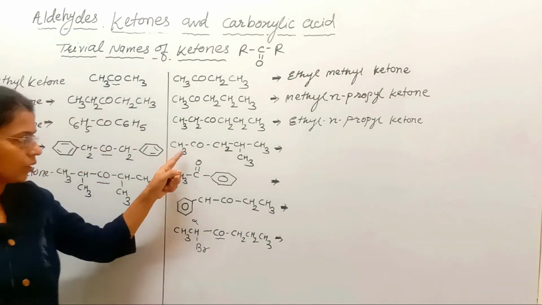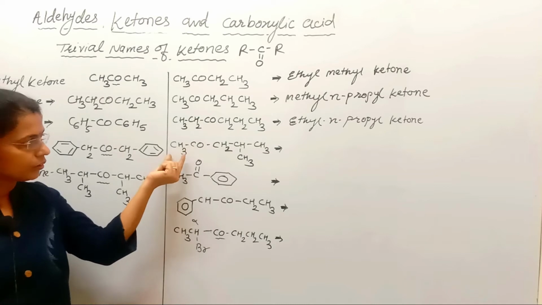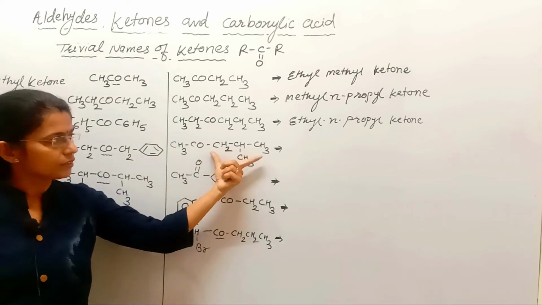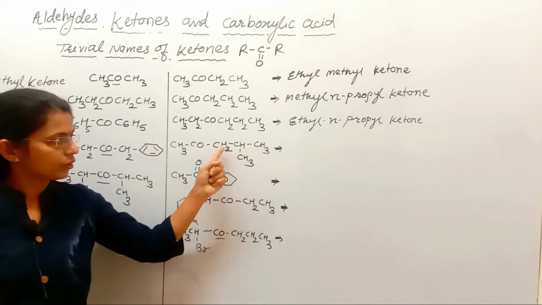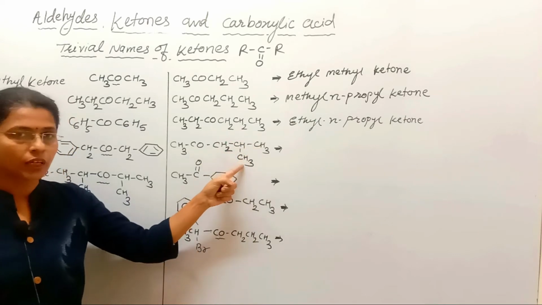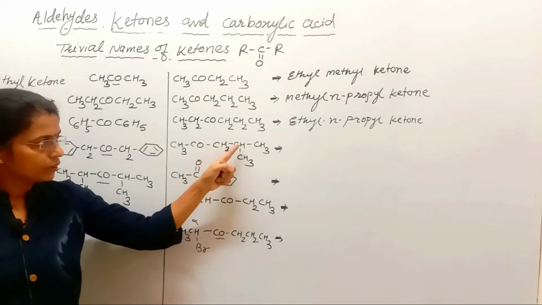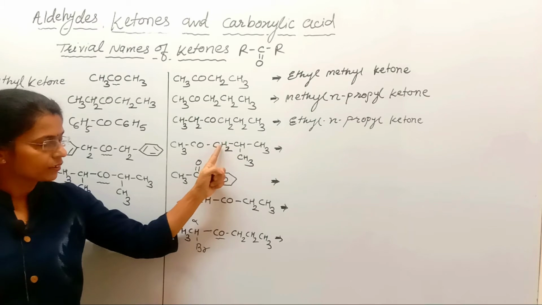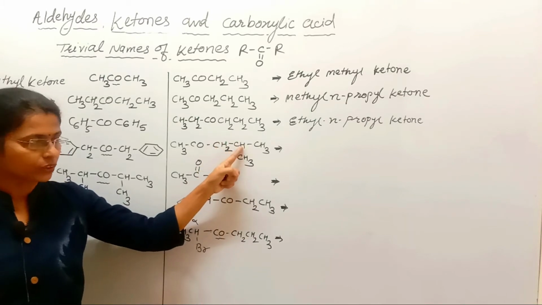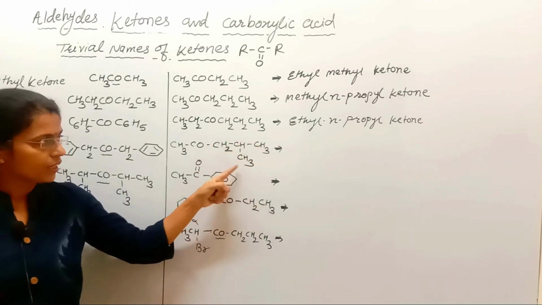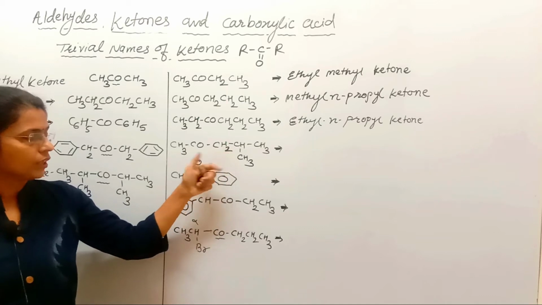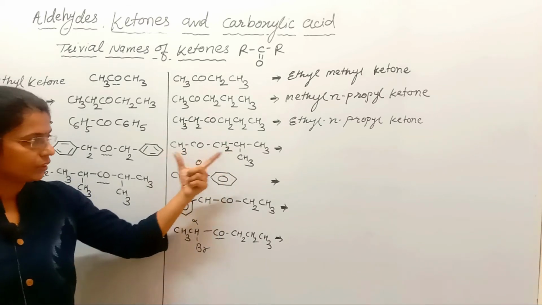Okay. The ketonic group, here a methyl group, and this is isobutyl. 1, 2, 3, 4 carbons. One carbon is in a side branch at the second position. That's why this is isobutyl, and this is methyl.